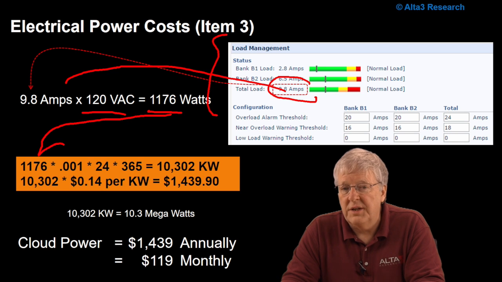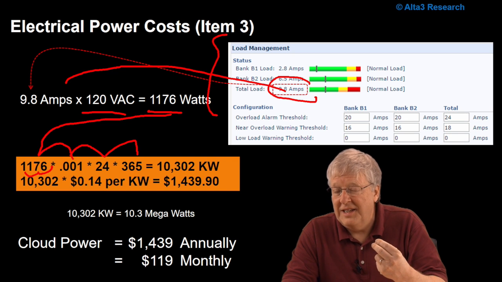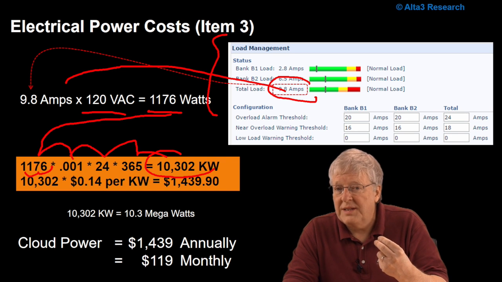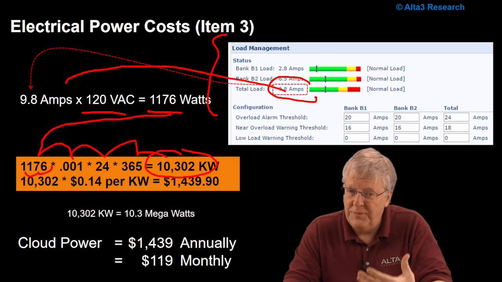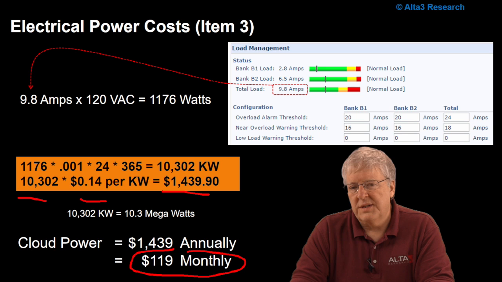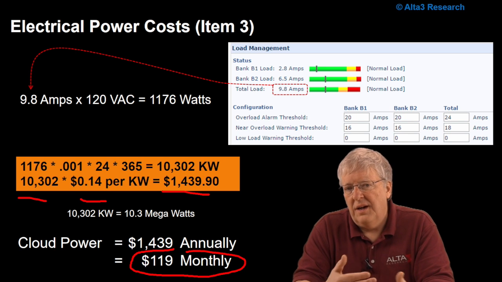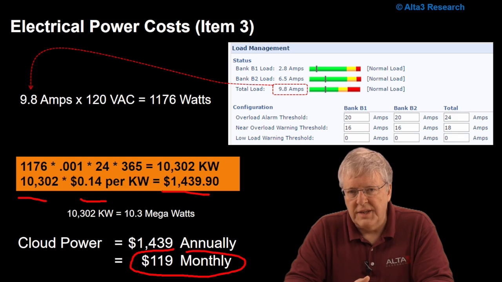Take that number, convert it to kilowatts by sliding the decimal point over 3 times, and then multiply by 24 hours a day, 365 days a year, and we wind up pulling 10.3 megawatt-hours of power every year. So our bill comes to roughly $120 a month. So in the scheme of things, the electrical costs are fairly insignificant.